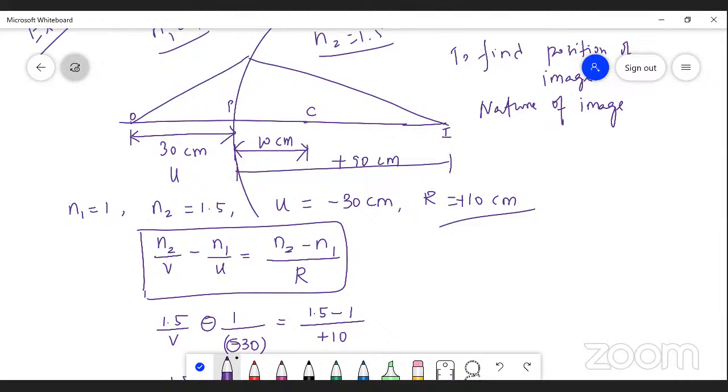The first example was a negative value, a virtual image. The second example is plus 90 centimeter, so a real image is formed. The nature of the image is real, and the position of the image is plus 90 centimeter. This is the refracted image, where it meets the principal axis, at a distance of 90 centimeter.